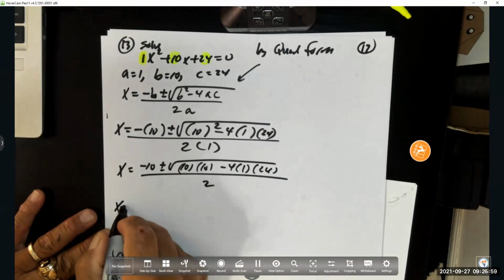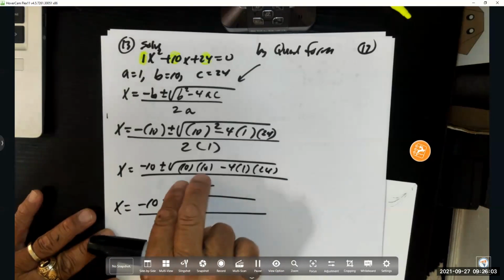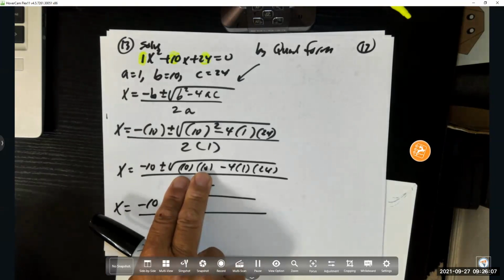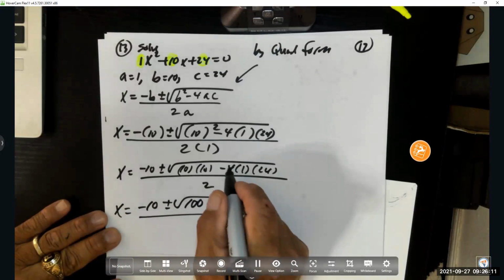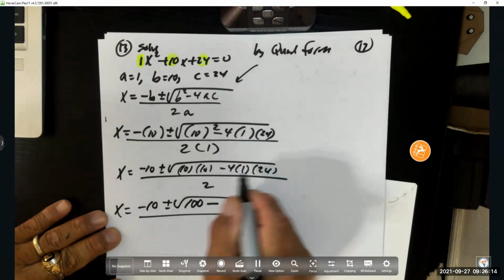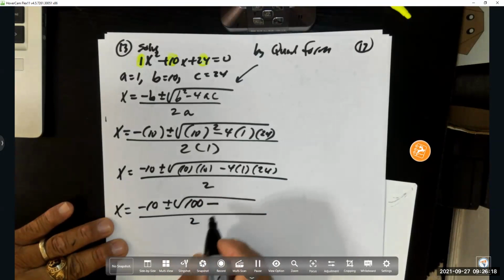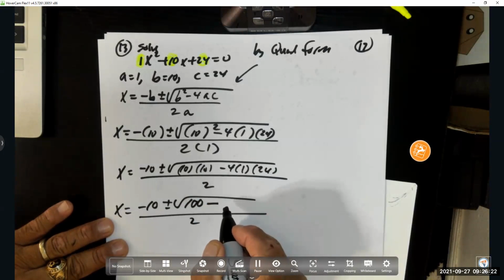All right, now this. What is 10 times 10? 100. Okay. And what's 4 times 1 times 24? Negative 4 times 1 times 24. 4 times 24 would be, hold on.